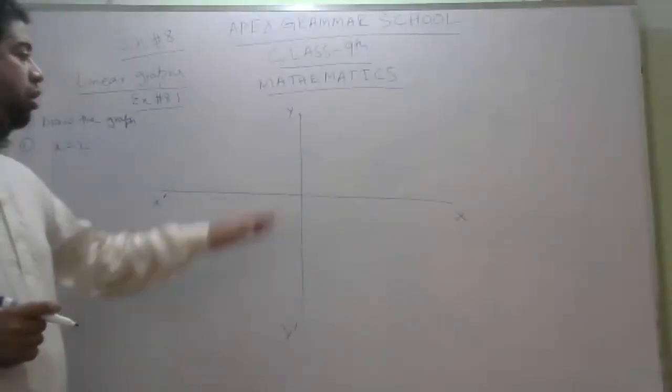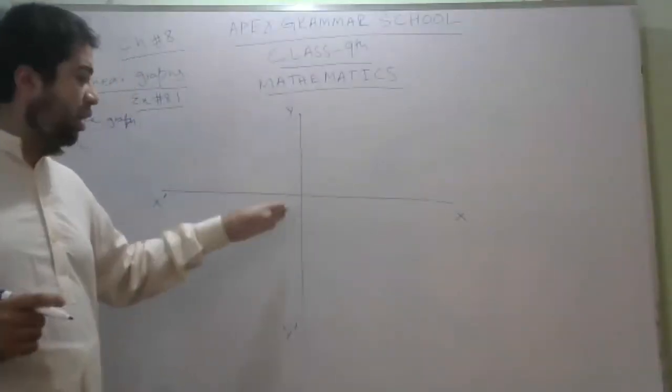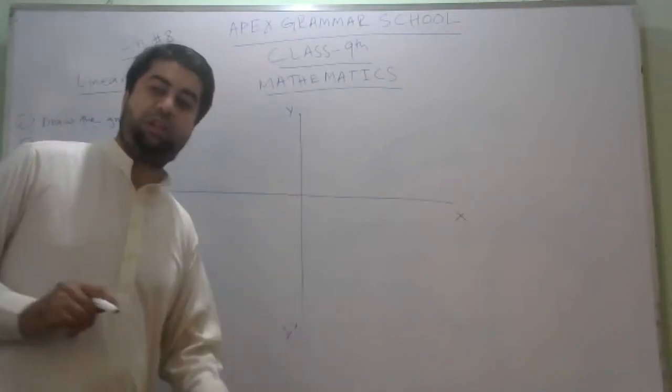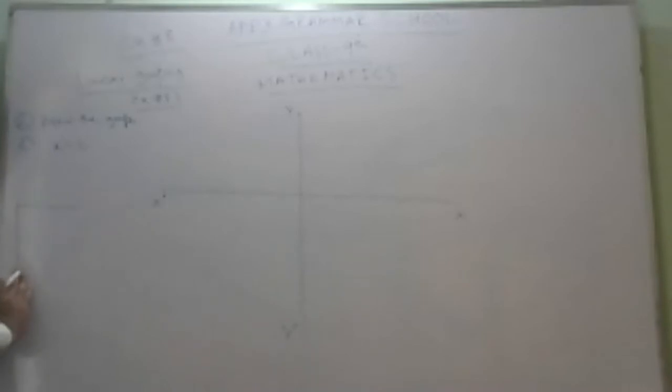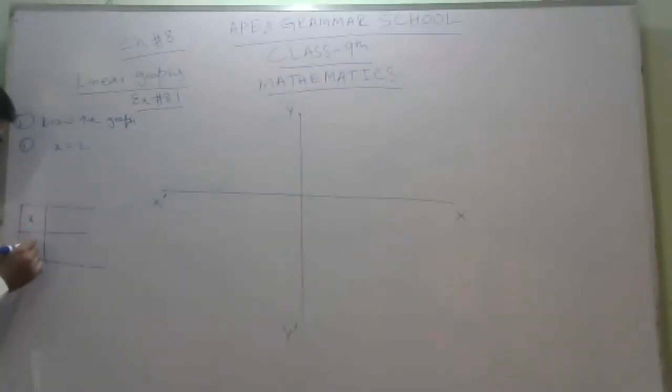For Y you need to label the positive values of Y, and below this, for Y dash, you need to label the negative values of Y. Okay. Now I can easily make some ordered pairs through which we can draw the graph. For example, this is X and this is Y.